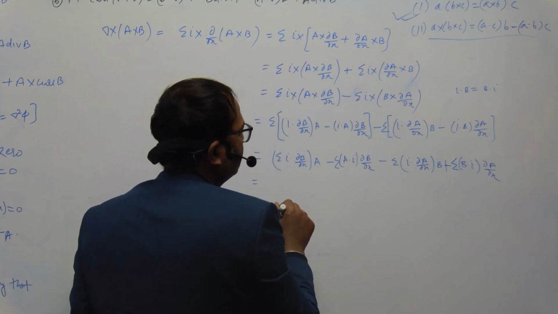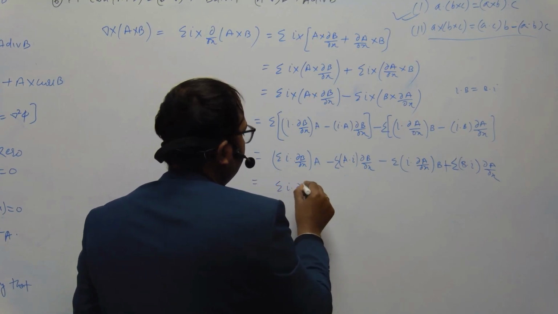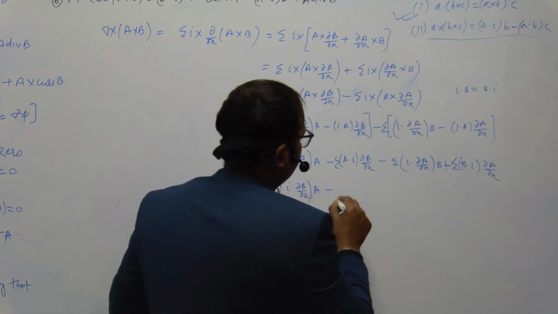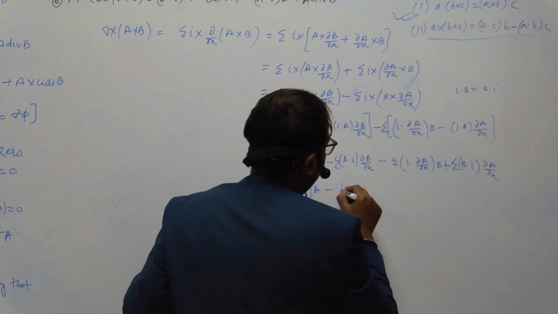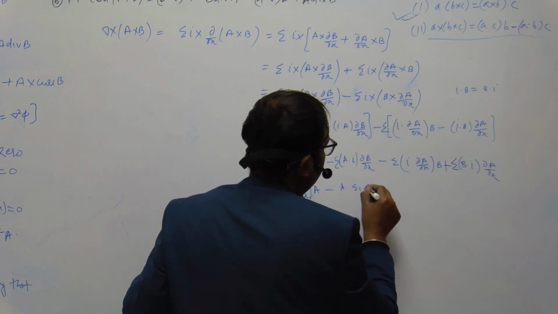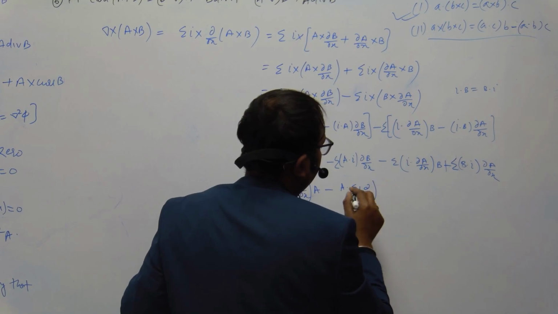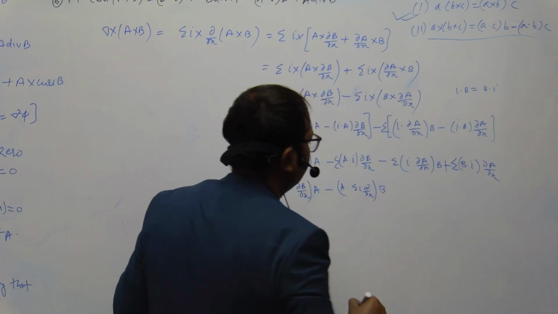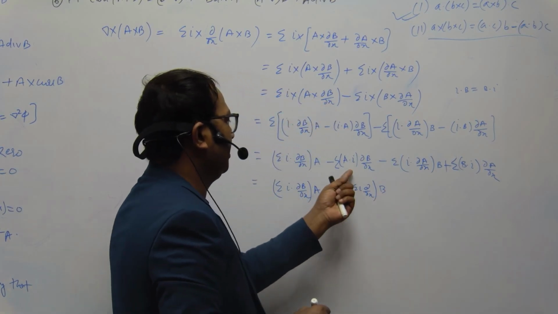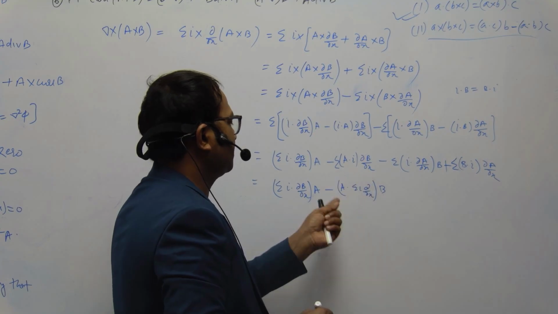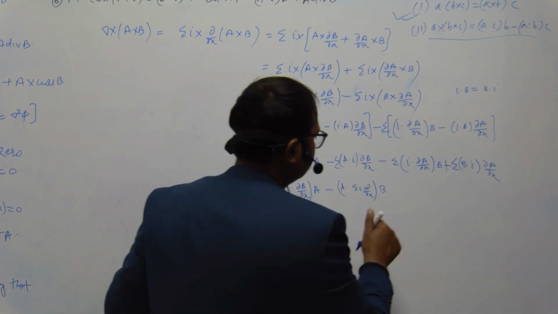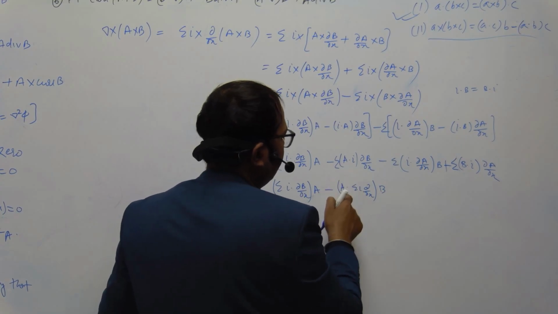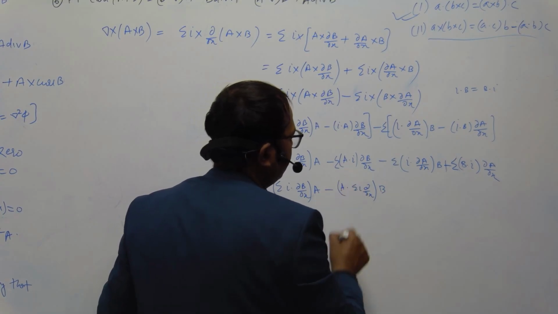So we have summation i dot del b upon del x into a minus a dot summation i del upon del x into b. Okay, we can write it like this. We can take del upon del x inside, and we can take the summation out. We can take a out as it is independent of the summation.